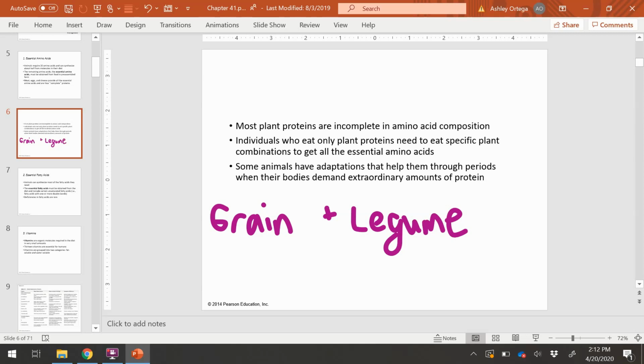So it's not a requirement to consume meat to get all essential amino acids. Some animals have adaptations that help them when their bodies demand extraordinary amounts of protein. But we'll focus on the fact that essential amino acids are needed from the diet, and that they are one of 4 essential nutrients.